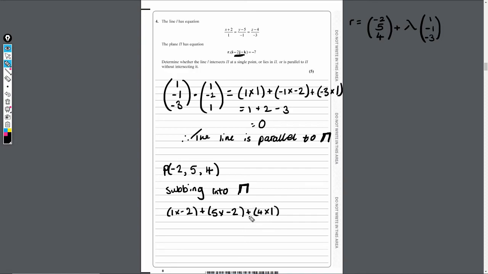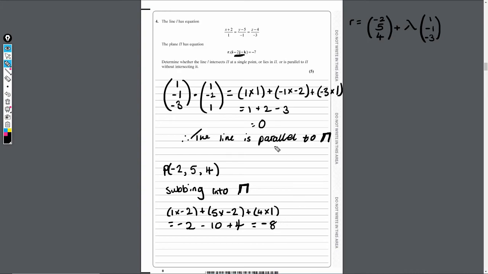Let's just double check I've not made any mistakes. Yeah, that looks good. So that's going to give me 1 times minus 2, that's minus 2. Minus 2 times 5 is minus 10, and then we've got plus 4. Minus 2 minus 10 is minus 12, plus 4, that's going to give me minus 8.